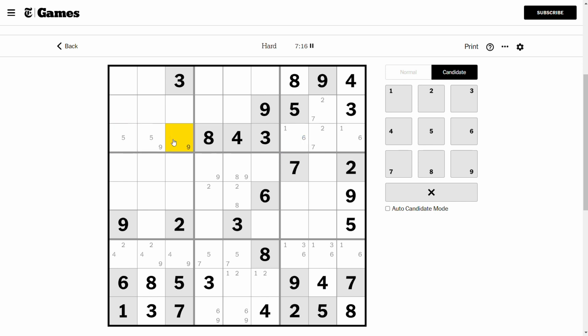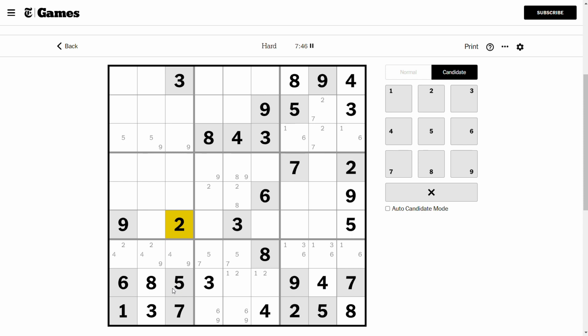Alright, so that means this is a triple. No, actually, this is a quad. But if you look at it, obviously this can't be these digits, and nor 1 or 6, because that's a pair. So that means these 4 cells are 2, 5, 7, and 9.